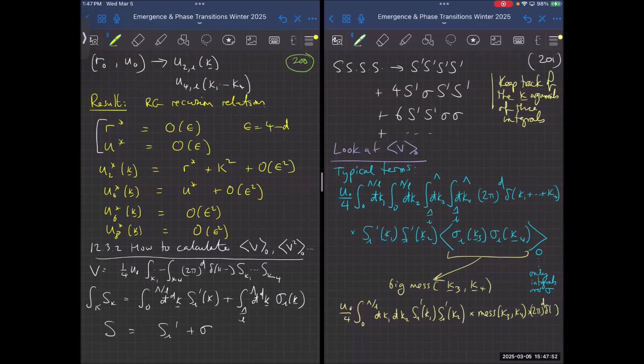And so once I've done that integration, this thing here is just going to end up being some big mess of k1 and k2.